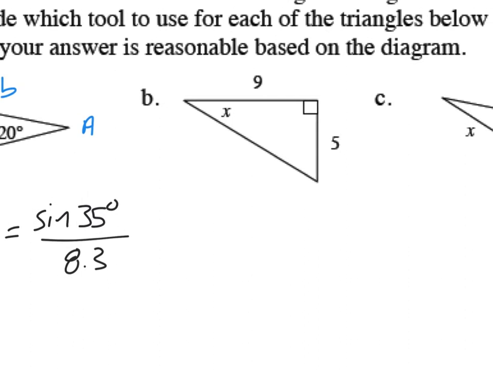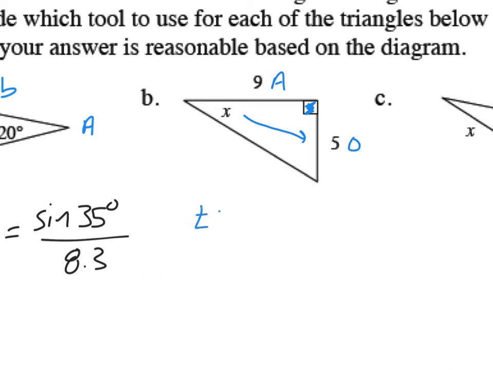Now in letter B, you want to find that angle x. Bear in mind, this is a right triangle. We have a right angle, so this goes back to sine, cosine, and tangent. If this is angle x, then the side length across from it is the opposite leg, and the side length next to it is the adjacent. So does sine, cosine, or tangent use the opposite and the adjacent leg?